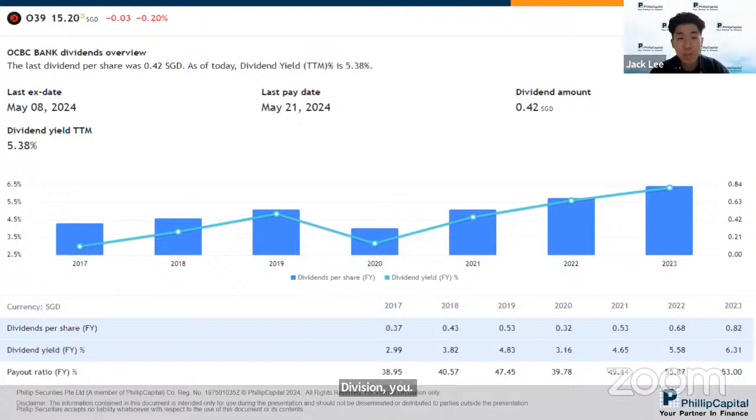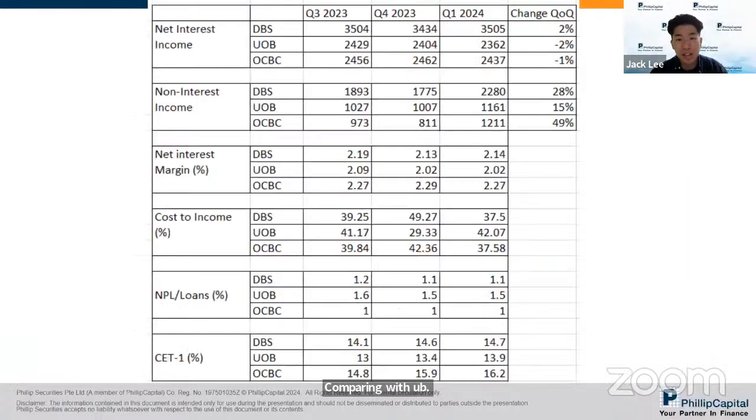So I have made a table showing the quarterly results for these three banks, Q3, Q4, and Q1 this year. And we can clearly see what is happening right now. For short-term traders, if you want to enter or exit the market, of course you need to look at technical analysis.